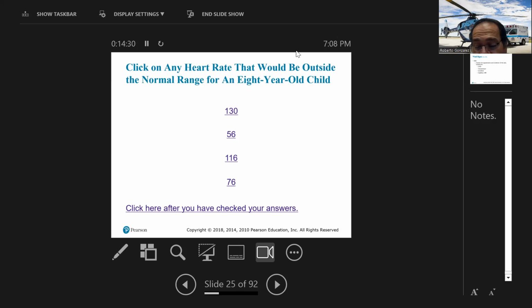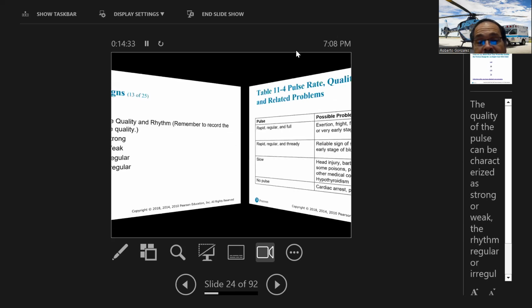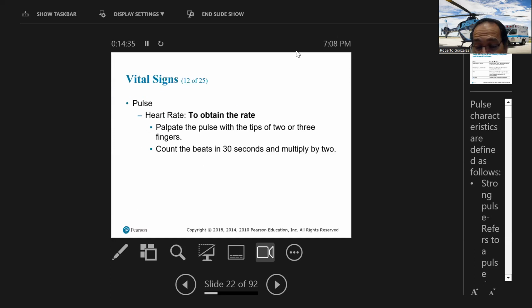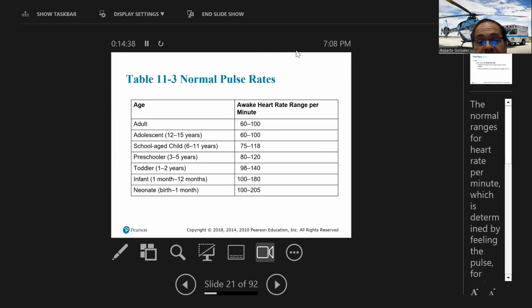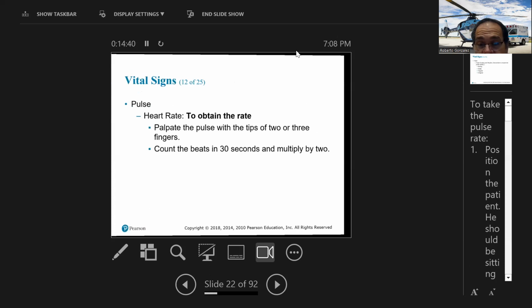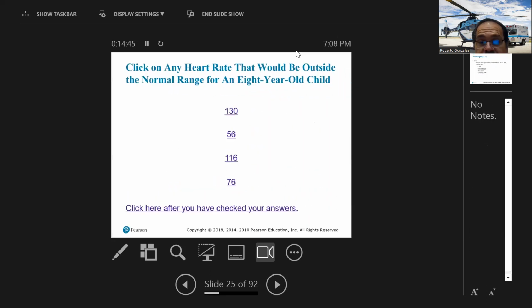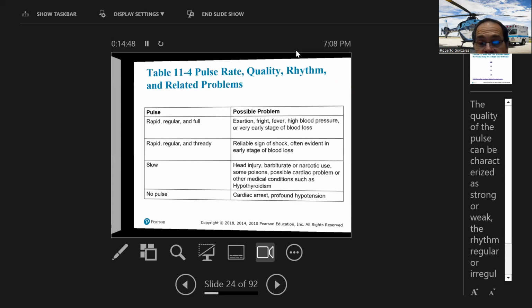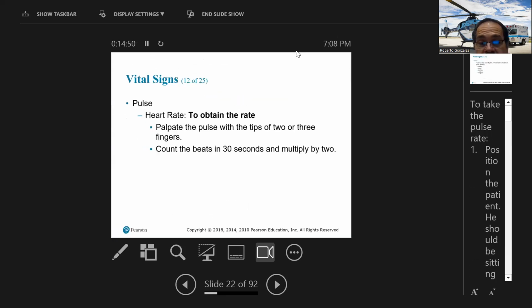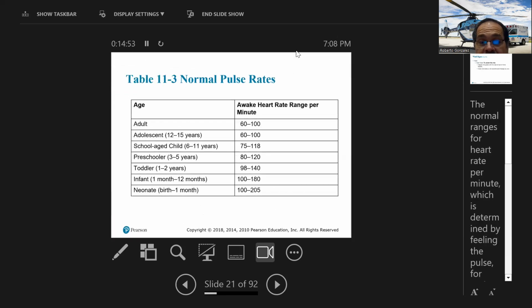So let's go to that little diagram. It was breaking down the pulse by age groups. Wait, what was the age? Eight-year-old. The 56 beats per minute, no? Could be. For 6 to 11, it should be 75 to 118.